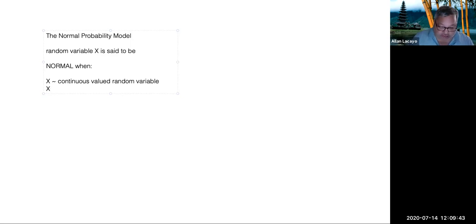X will have a shape that is referred to as bell-shaped sometimes. That is better defined as perfectly unimodal and symmetric.